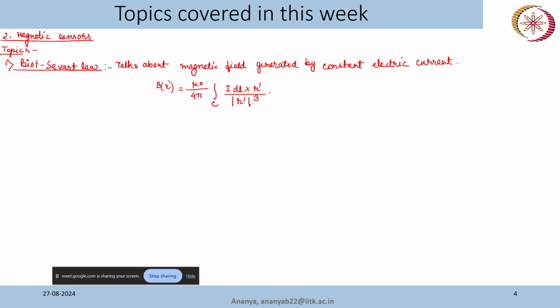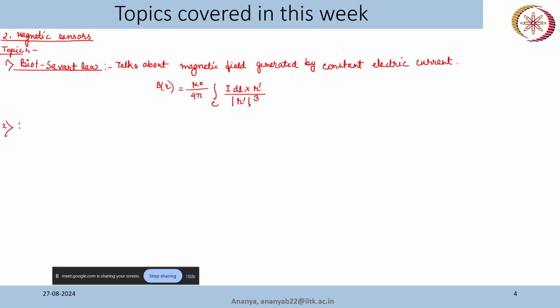Okay. Now this is the general formula. This can be used to derive the expression for the magnetic field generated by a constant current source. That can be a long wire or a current carrying loop. Okay. Those few examples were already discussed.